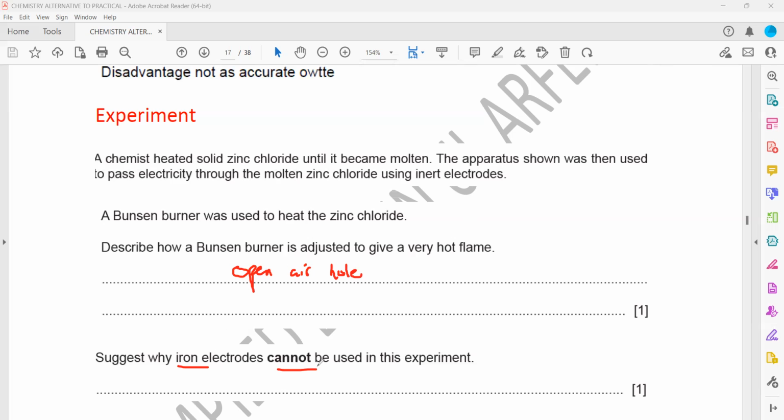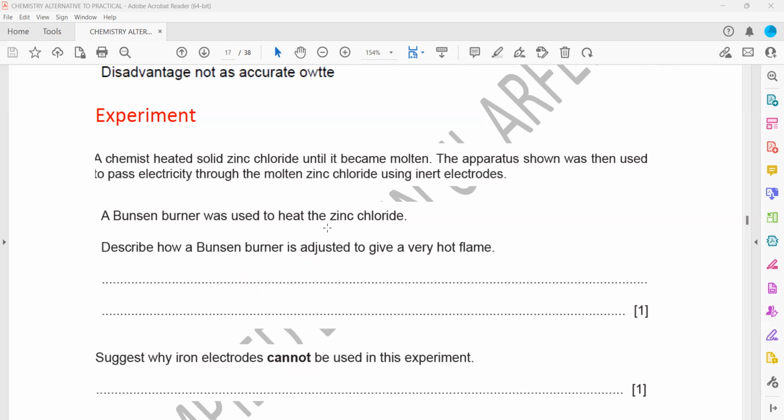Sir, can we write that increase the size of the air hole or something? Air holes are actually fixed in size. You cannot change that. You just change the amount of opening of the air holes in a Bunsen burner.